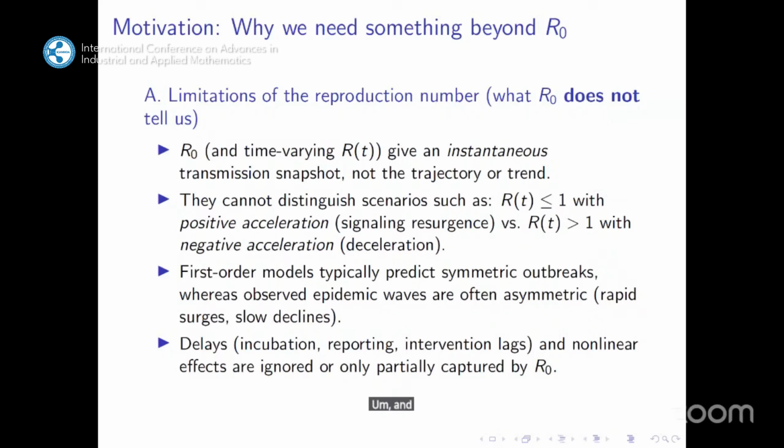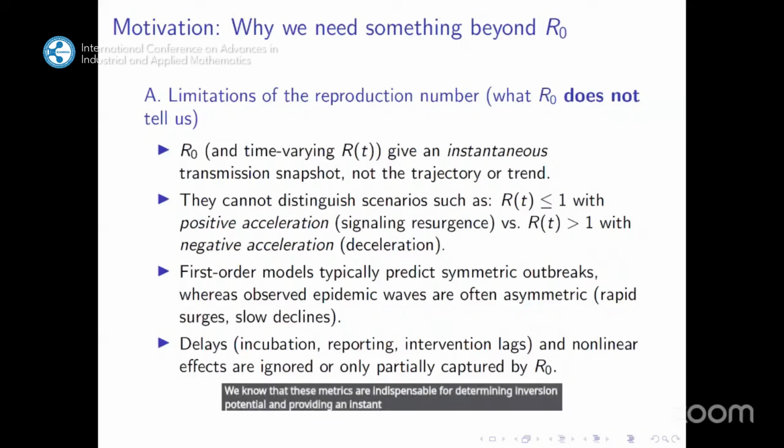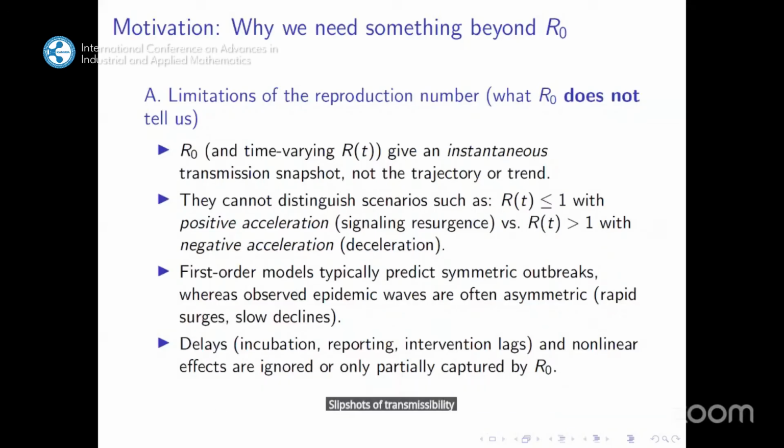And then we know that these metrics are indispensable for determining invasion potential and providing instantaneous snapshots of transmissibility. However, for forecasting and intervention planning, the limitations are significant because R at t is inherently a first-order metric.